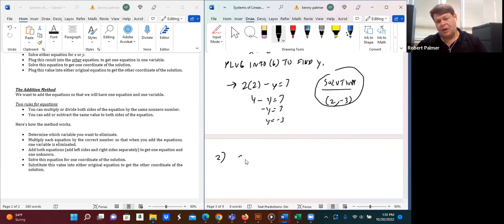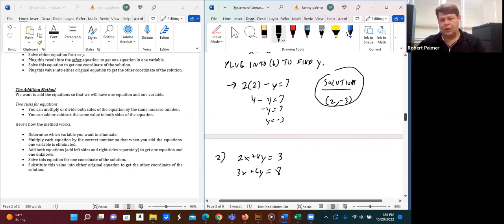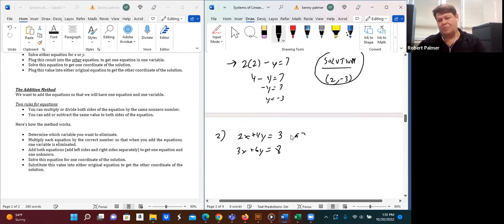We have 2x plus 4y is equal to 3. And the second equation is 3x plus 6y is equal to 8. I'm just going to call these A and B.